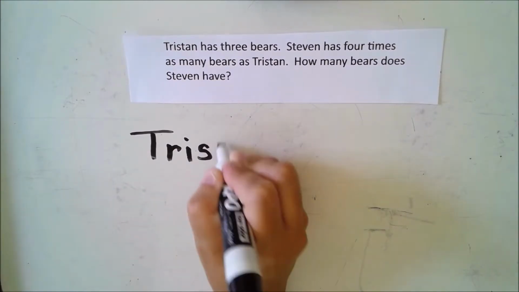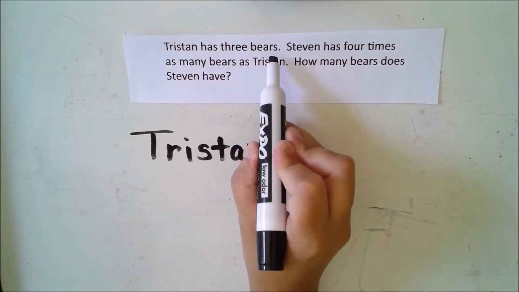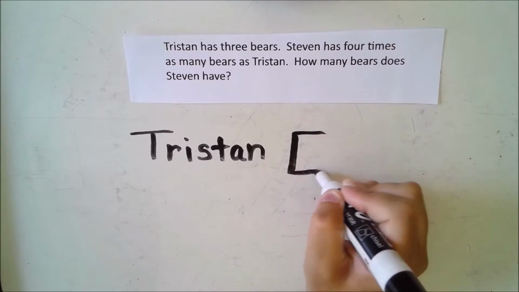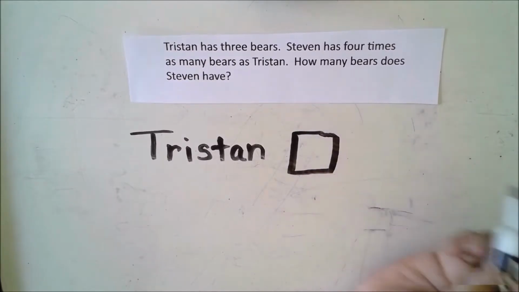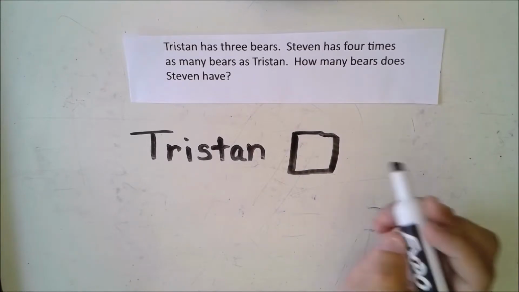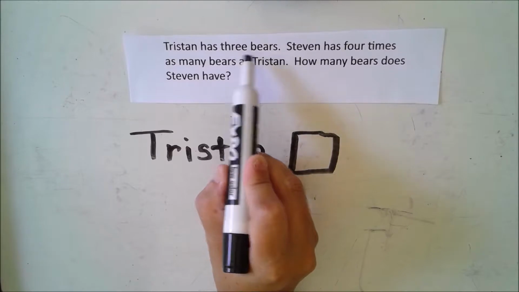We know that Tristan has 3 bears. So I'm going to represent Tristan's amount with a box. And inside the box I'm going to put the amount of bears that Tristan has, 3 bears.